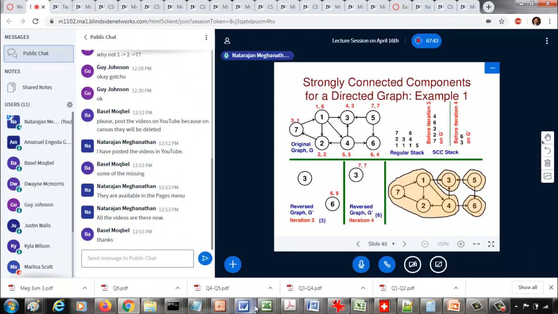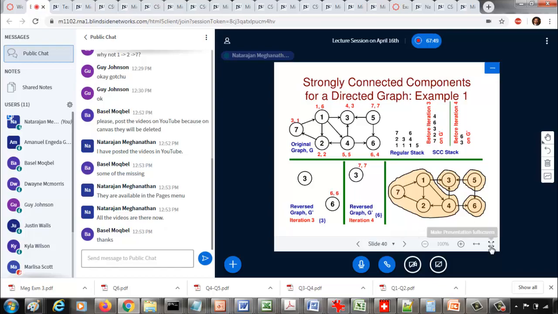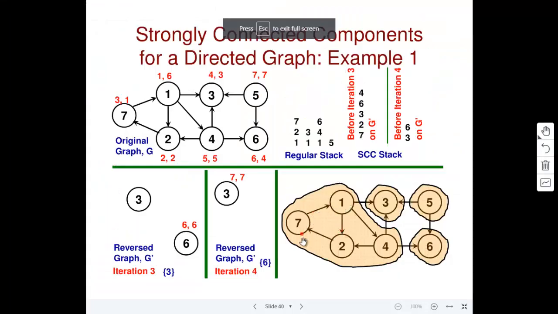The best case to take up is this one. When I say 1, 2, 4, 7 form a strongly connected component, there's obviously a cycle. You can go from 1 to 2, 2 to 7, 7 to 1. That's a cycle. So in order for the vertices to be reachable to each other in a strongly connected component, you've got to have one or more cycles.